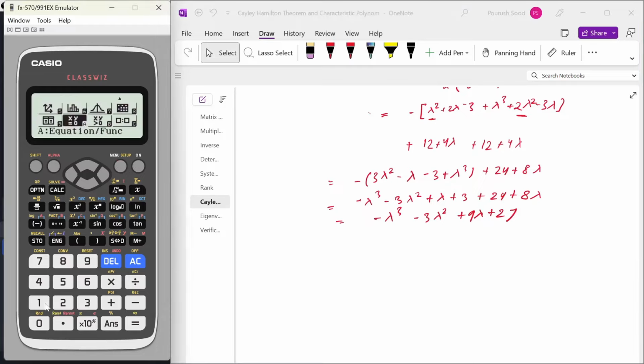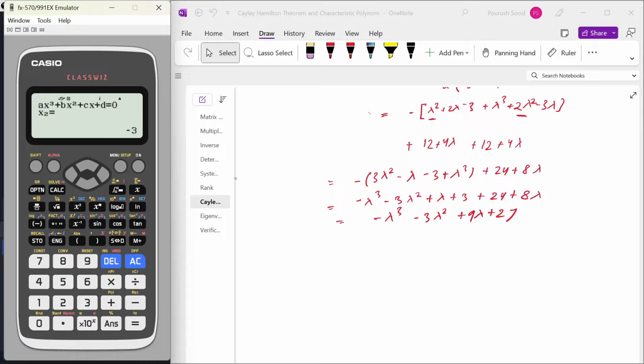Now to solve this, we will go to menu, equation function, polynomial, degree is 3, so minus 1, minus 3, 9 and 27. So x1, 3, minus 3. So it will give us roots are 3 and minus 3.